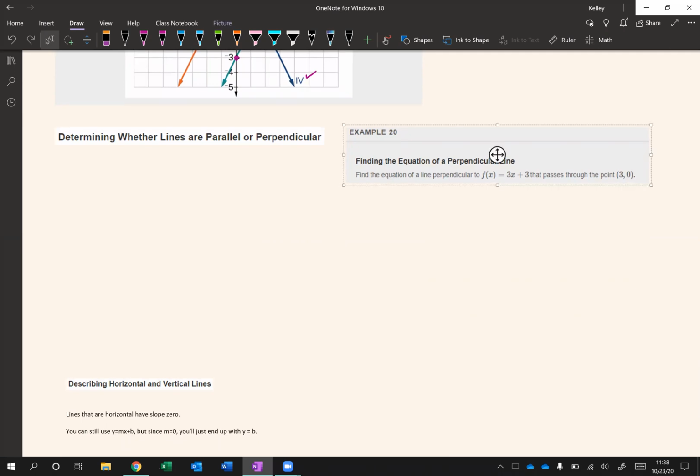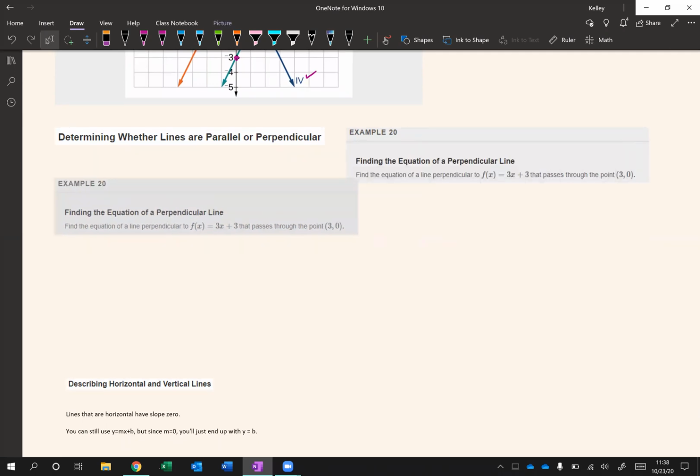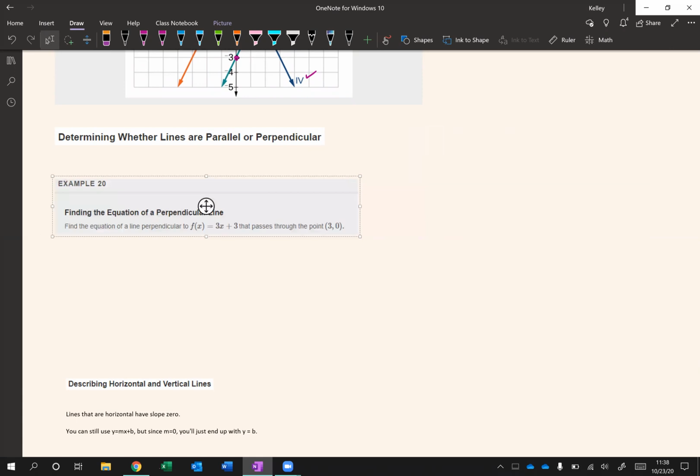All right, so the next example is going to be determining whether lines are parallel or perpendicular. We've already done this previously, but just remember that for perpendicular lines, you have slopes m and -1 over m.